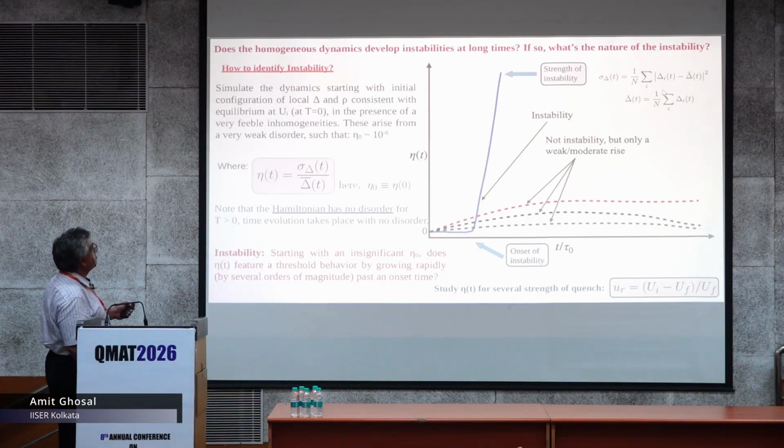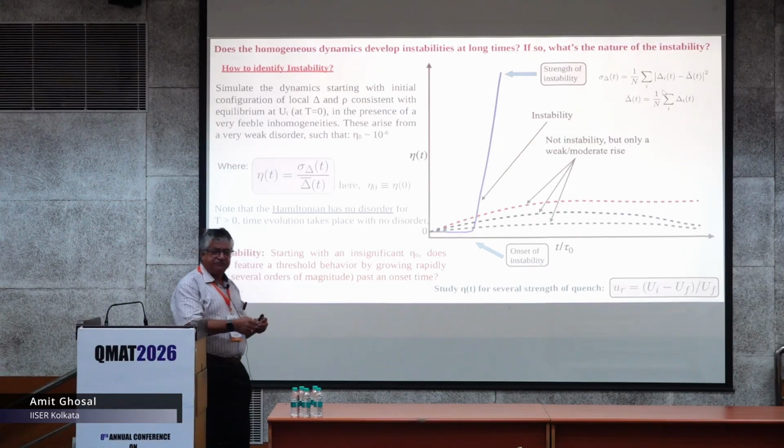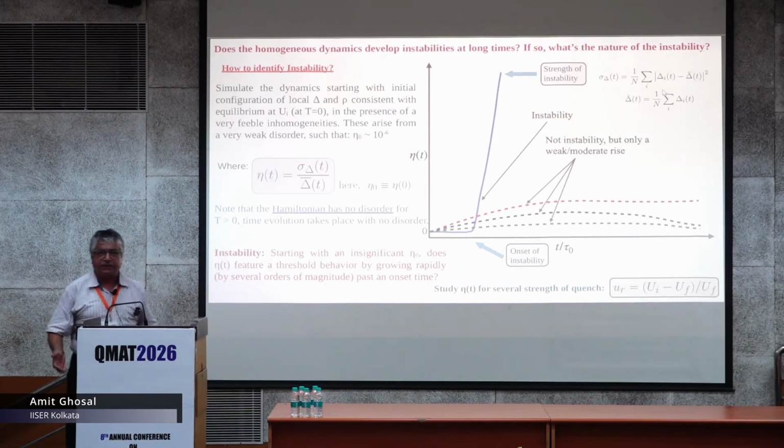Instability is the following, that is how to identify instability. So we start a simulation with a configuration of local delta and rho consistent with an equilibrium solution at UI at t equals 0, in the presence of a very weak, extremely weak inhomogeneity of the order of 10 power minus 8.